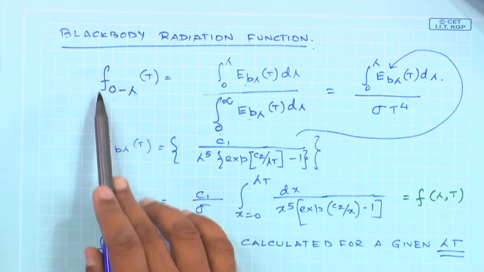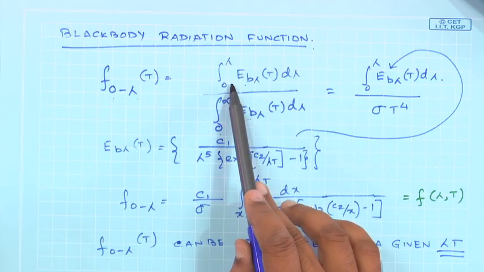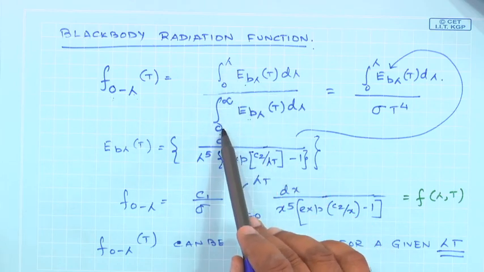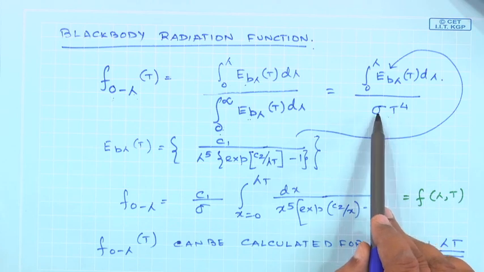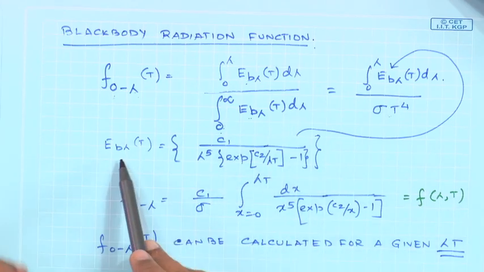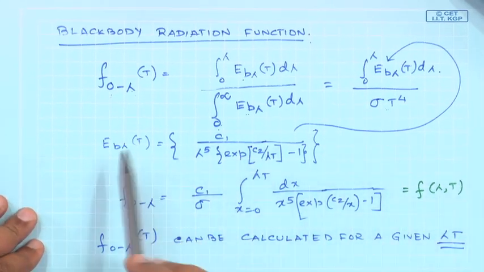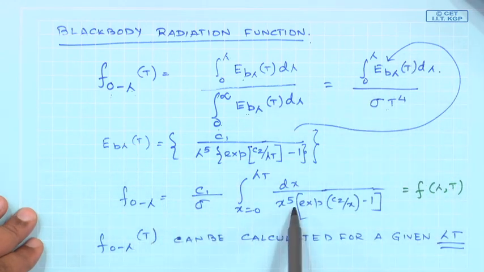So, if this is a fraction, then this is going to be the energy which is going to be within 0 to lambda by the total energy emitted by the black body. Total energy emitted by the black body is nothing but sigma T to the power 4, and this can be substituted by the Planck's function as we have done before. When you incorporate that, you get the fraction in this form.